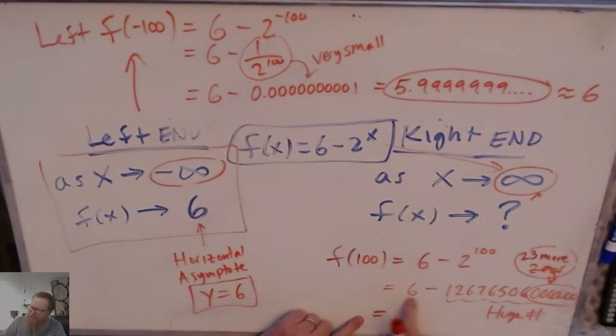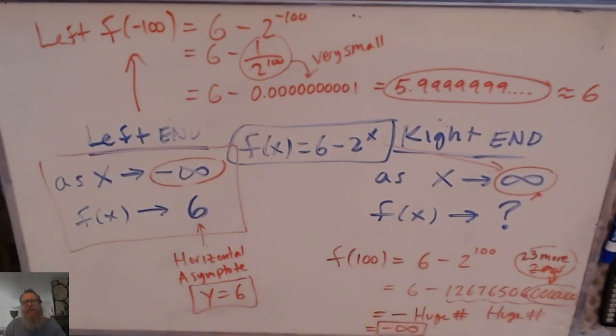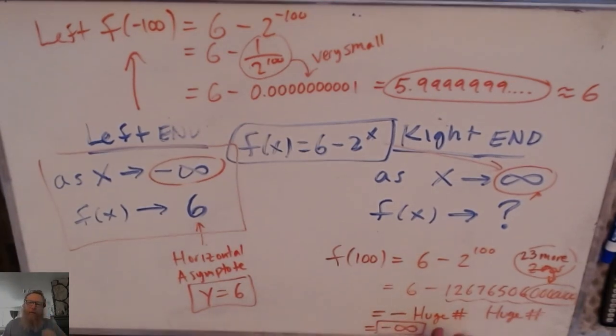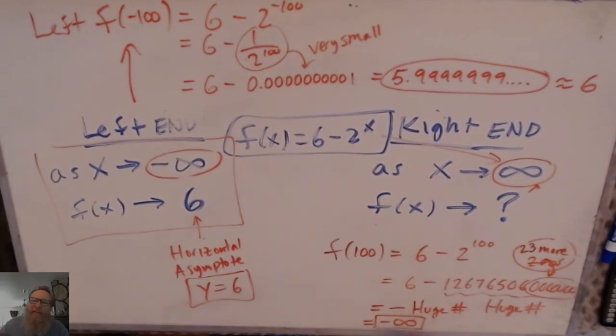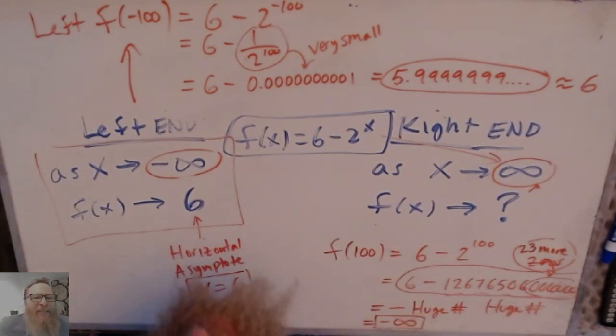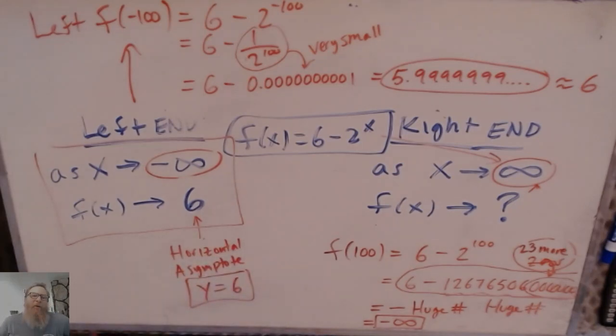So you have 6 minus a huge number, which is a huge negative number, which we write as negative infinity. It's never going to actually get to negative infinity. It's just going to be a very, very, very large negative number. Technically, if you want to be the life of the math party, that's a small number.